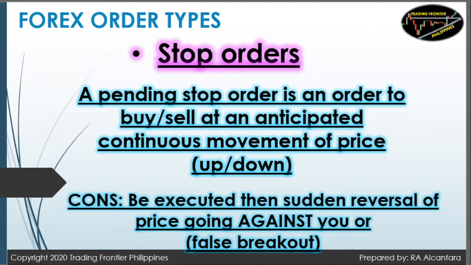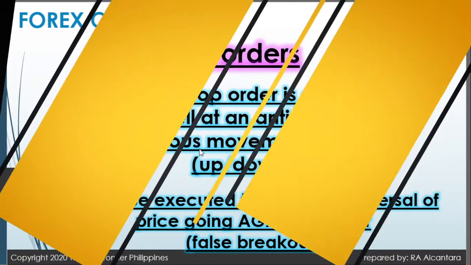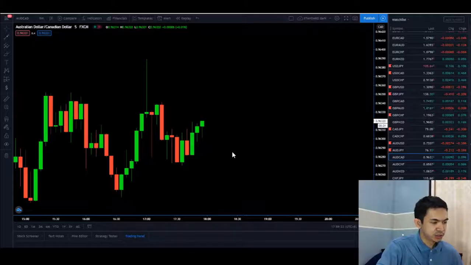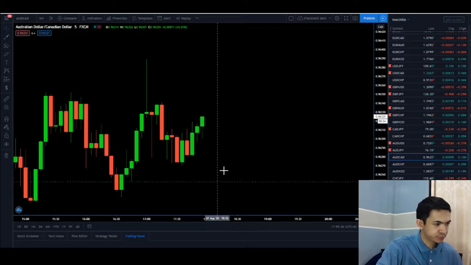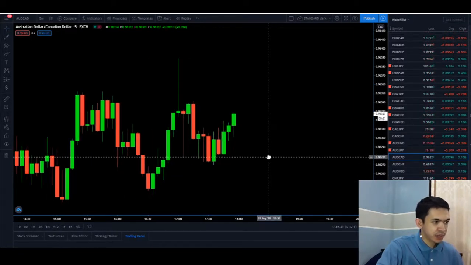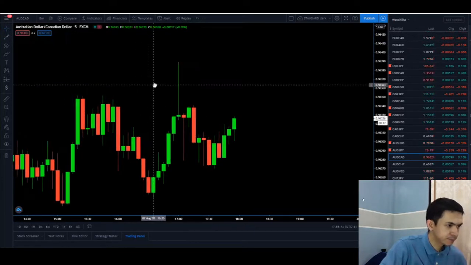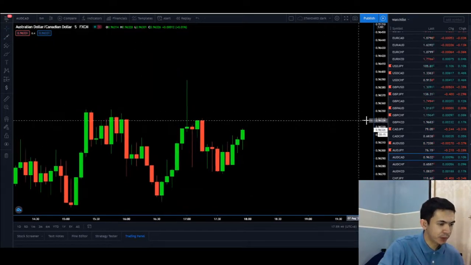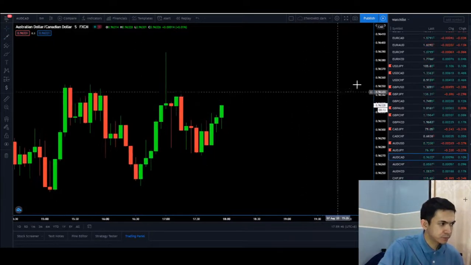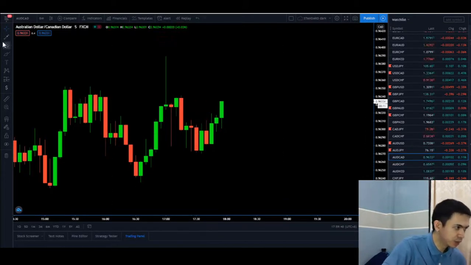So let's have an example at the charts. For a stop order, you will anticipate the price to continuously move up or move down.